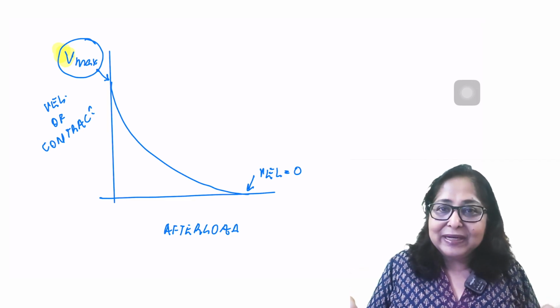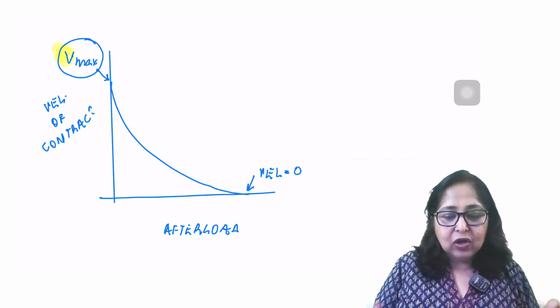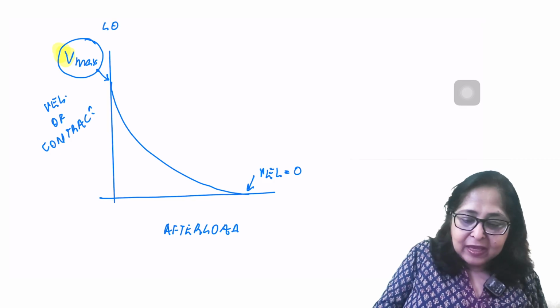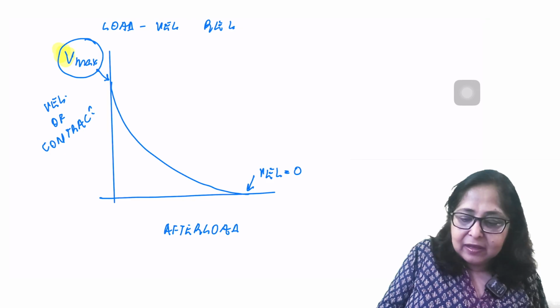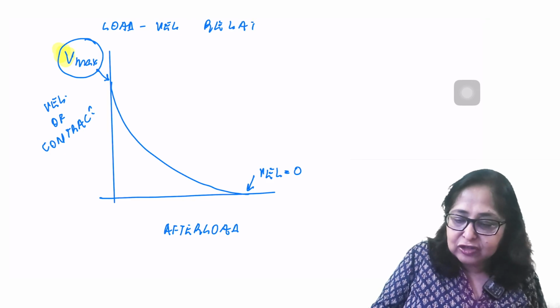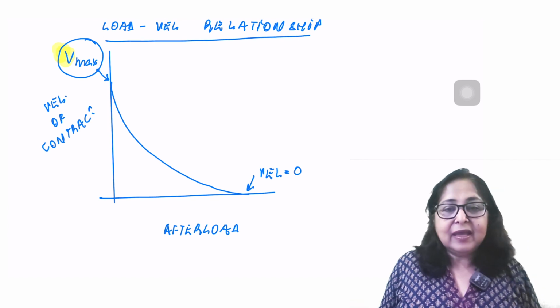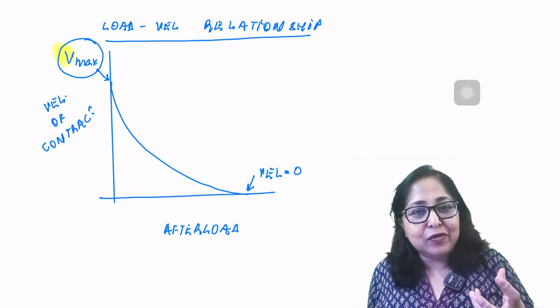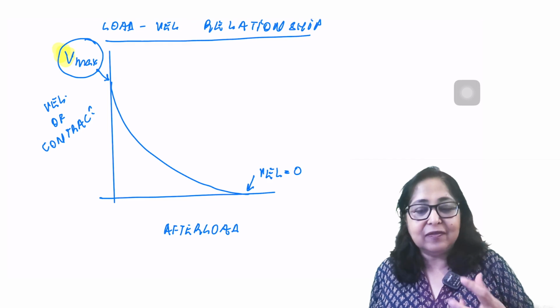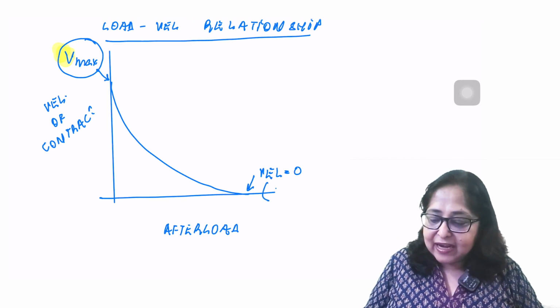So, two important points here. This is the load-velocity relationship. When do I get a maximum velocity of contraction? When the afterload is 0. When velocity is 0, that means there is no change in length of the muscle. It becomes an isometric contraction.